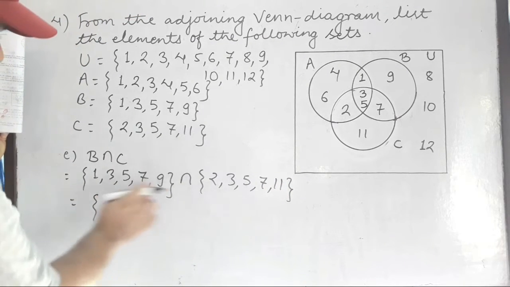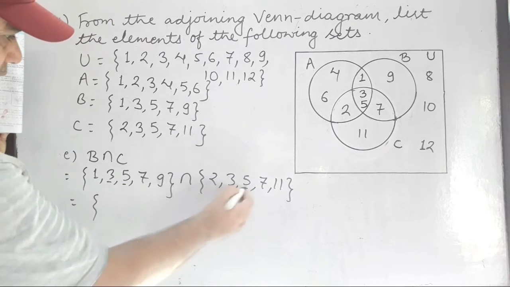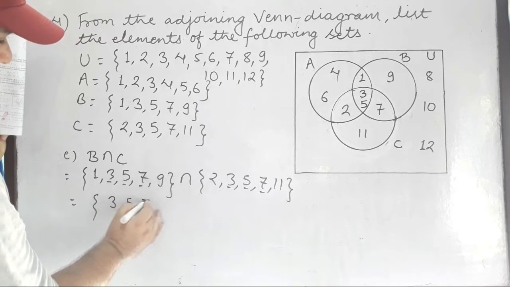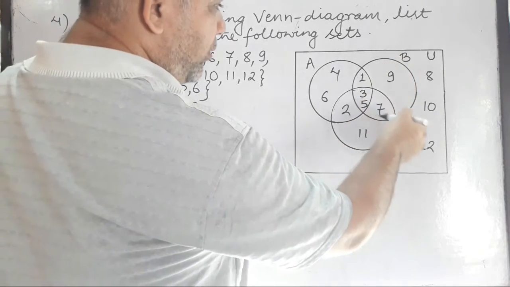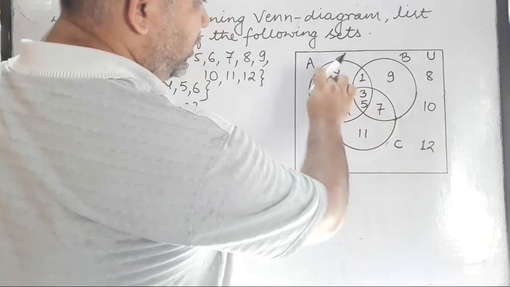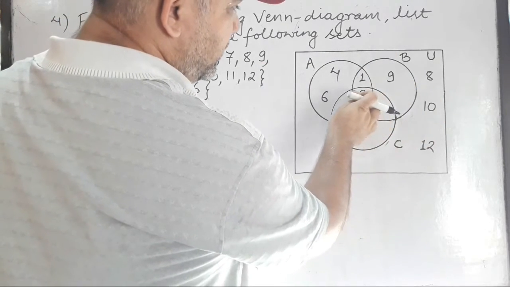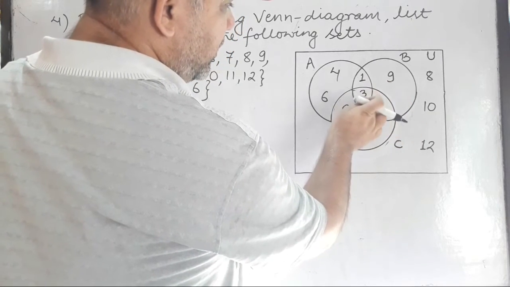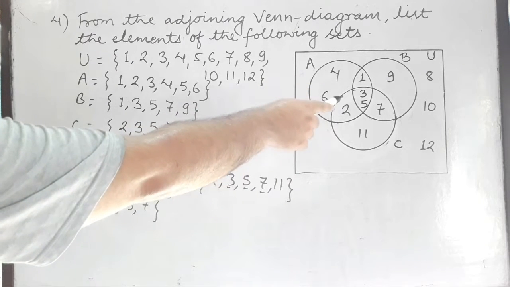The common elements are 3, 5 and 7. Let's see in the figure the common part of B and C. Ignore the set A. What is the common part of B and C? This part, and this part contains the elements 3, 5 and 7, which we got here. That is, B intersection C has the elements 3, 5 and 7.